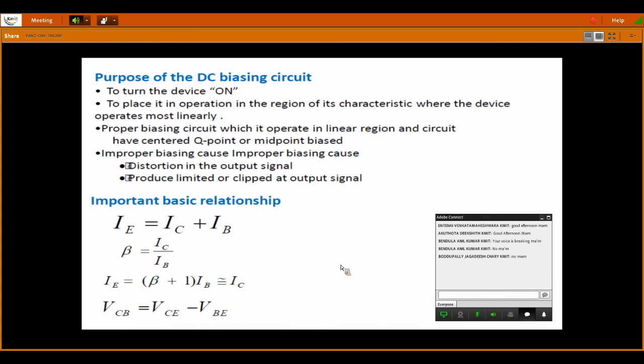We require this DC biasing in order to reduce the distortions in the output signal, as well as to limit the clipped output signals.